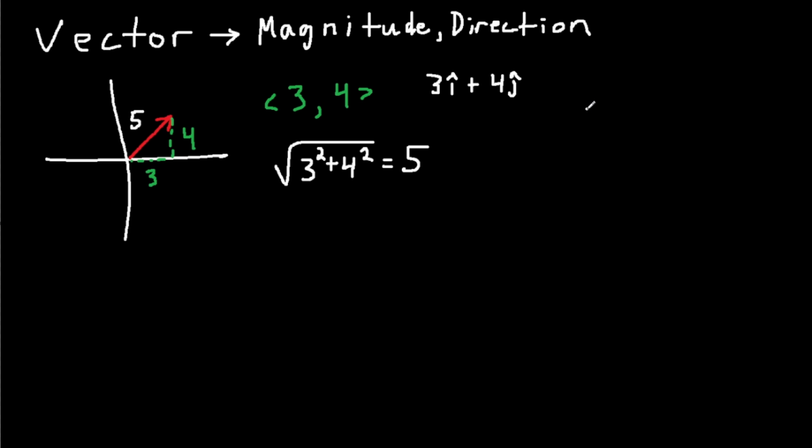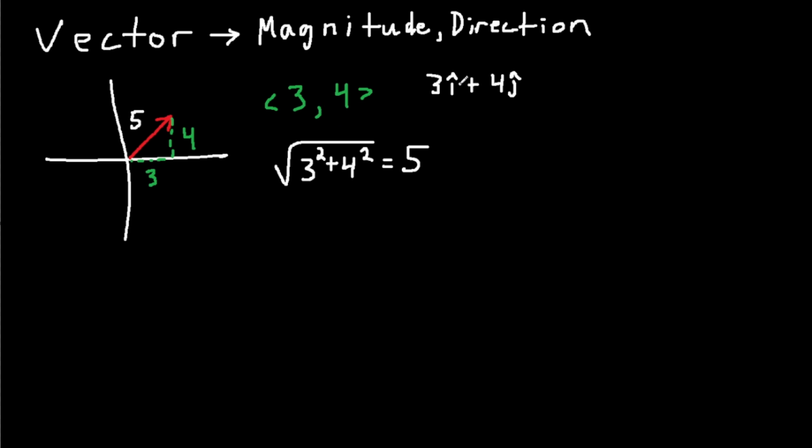So vectors like this can either be represented with these less than or greater than symbols, or sharp brackets. I'll just call them sharp brackets from now on. Or they can be represented with i hat and j hat.